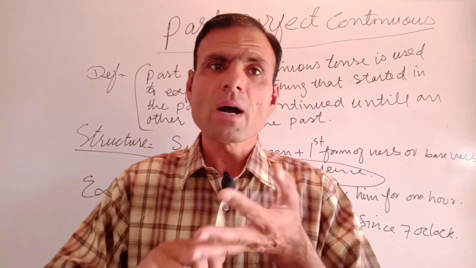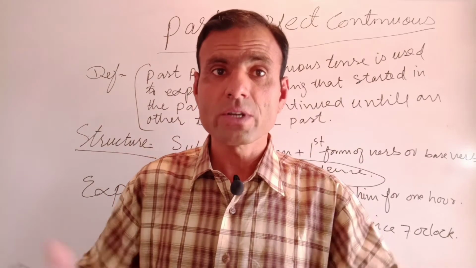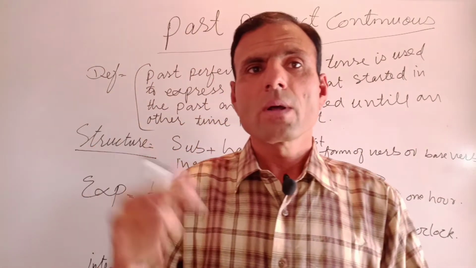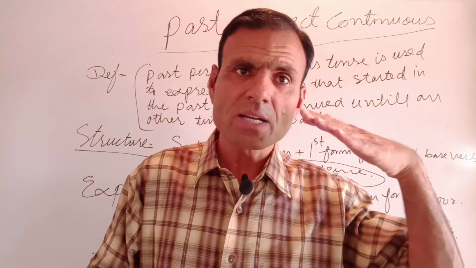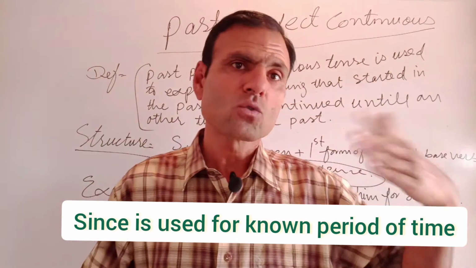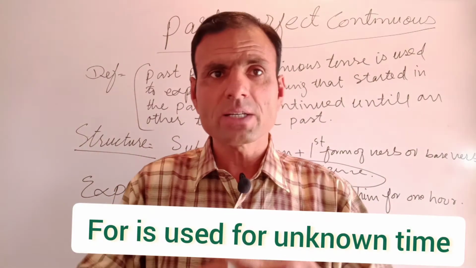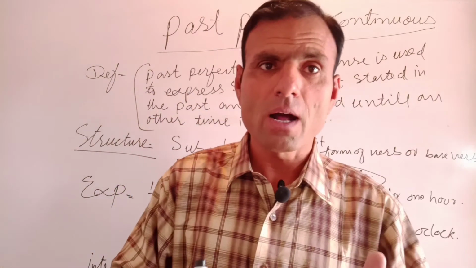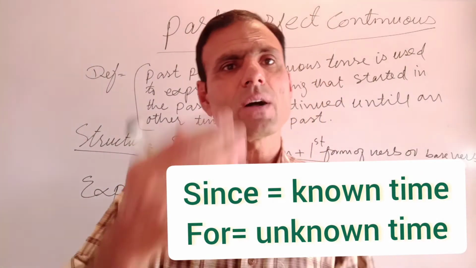If there is a year, like 2 years ago, 3 years ago, or hours, like 3 hours ago, 5 hours ago, meaning a noun period of time where we know the starting time, we use since. If there is an unknown starting point of a time, of a year, of a week, we put for. Simply we can say that since is for known time and for is for unknown time.